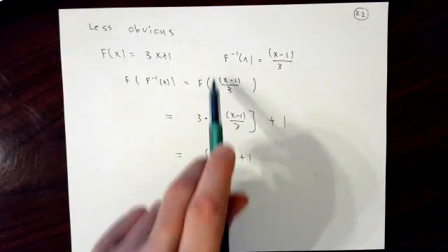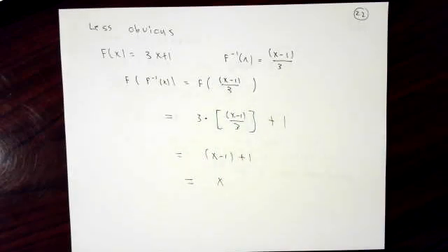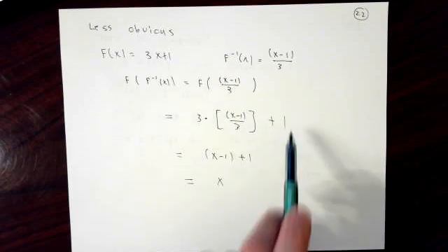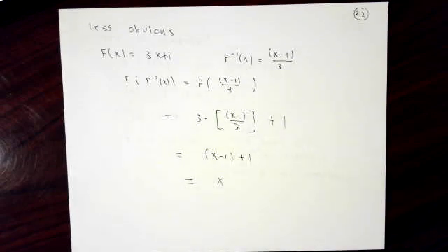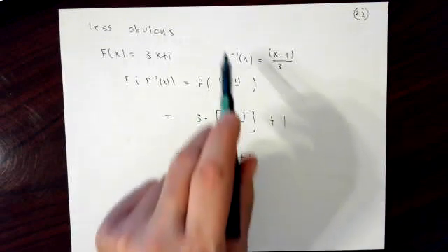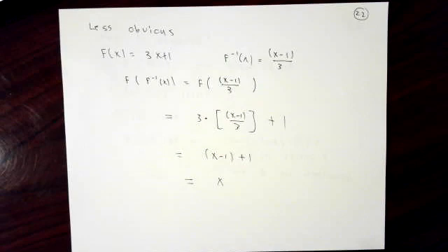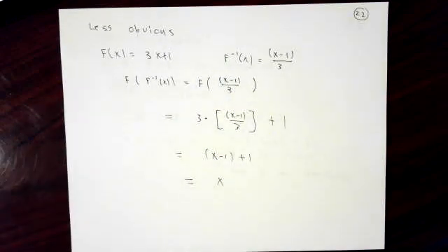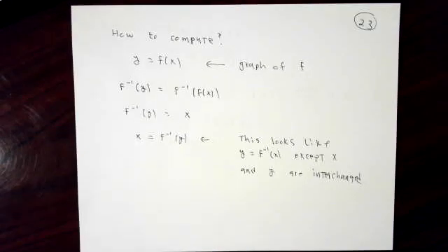So take the something, the x minus 1 over 3, multiply it by 3, and then add 1 to that. The 3's cancel out, and you end up with x minus 1 plus 1, which is x, just as I claimed it was. This function really is the undoer of that function, the inverse function to f.